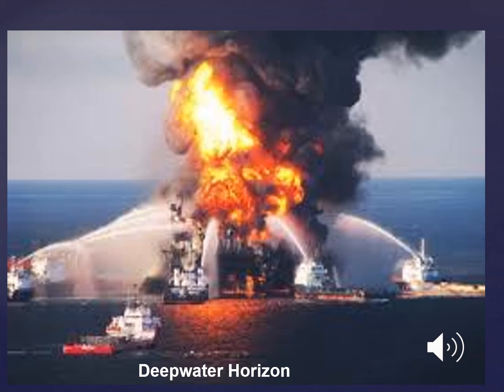Another form of complexity that was associated with this case was organizational complexity. There was pressure on the people who worked on the platform to drill faster. Why? Because Transocean was renting this platform to BP, and the cost was $1 million per day.